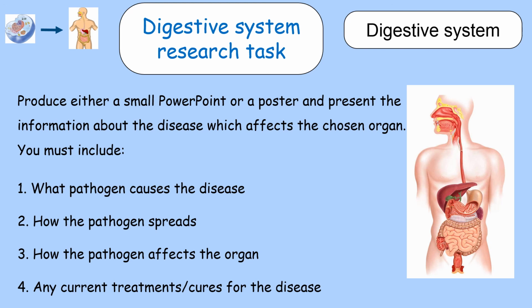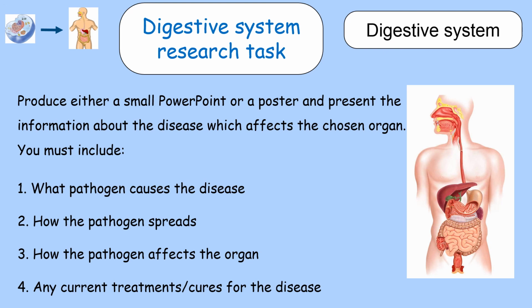And you're going to present the information about the disease which affects the chosen organ. And you must include these 4 points. Now, if you want to include more in your poster or PowerPoint, that's great. We'll love that. But these are the 4 points that you need to include. So number 1, what pathogen causes the disease? Number 2, how does the pathogen spread?